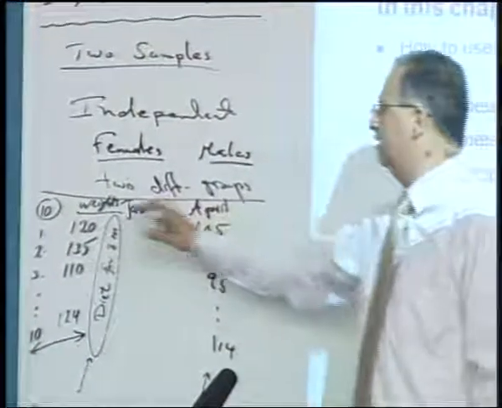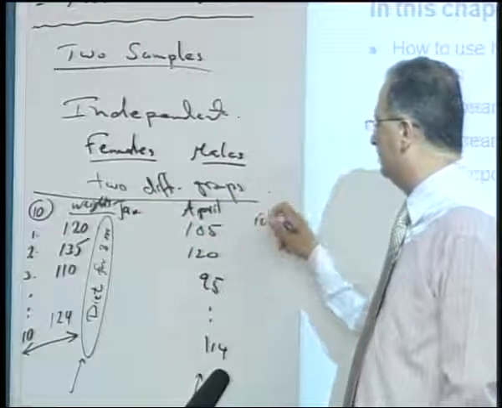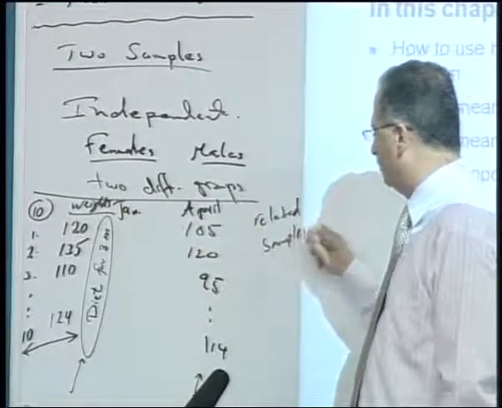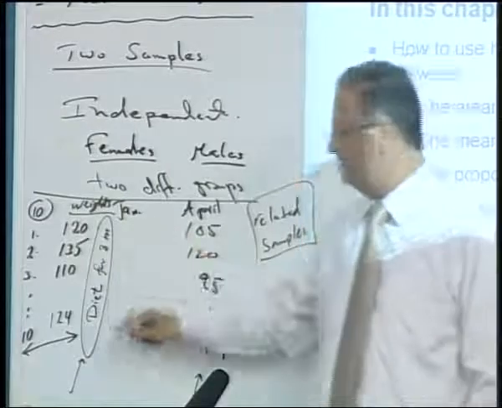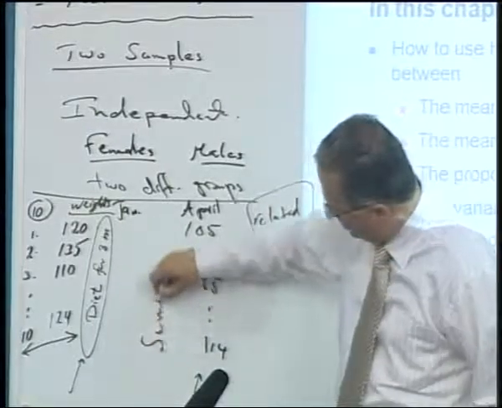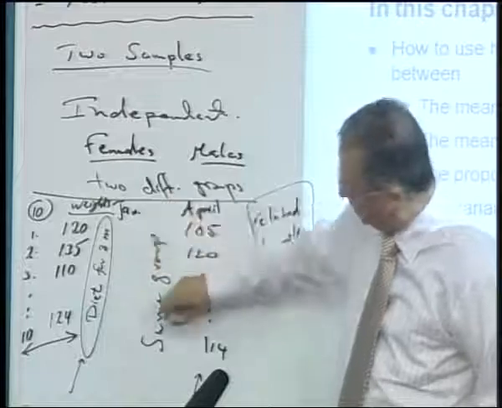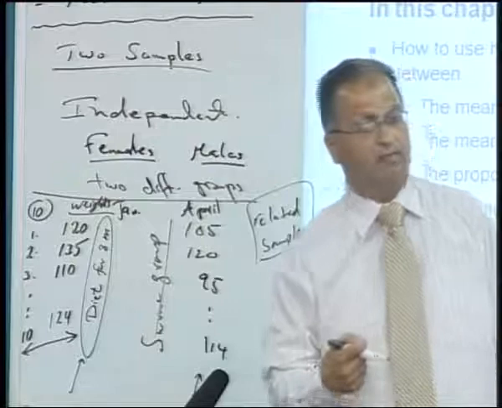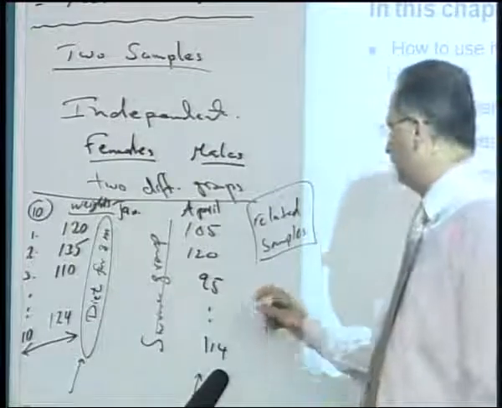In this case, these two samples are called related samples. So for related samples, we have the same group, but we have repeated measures or repeated measurements.